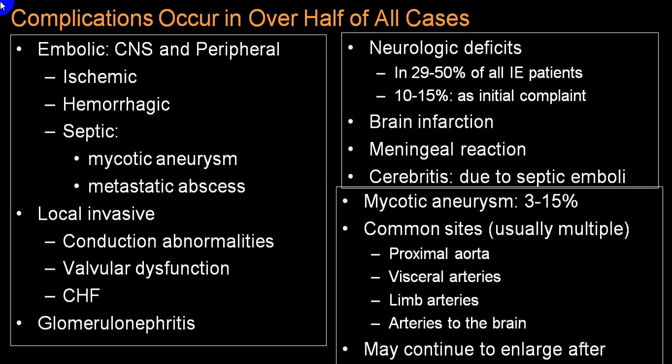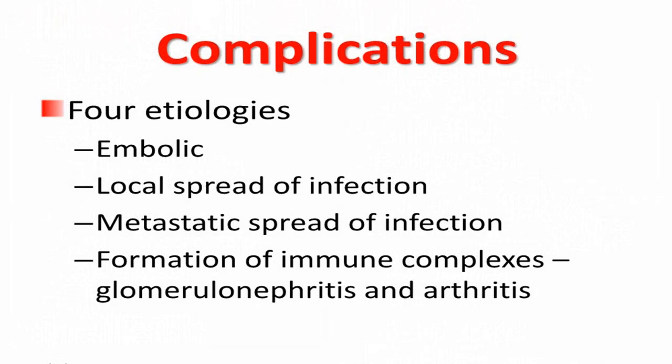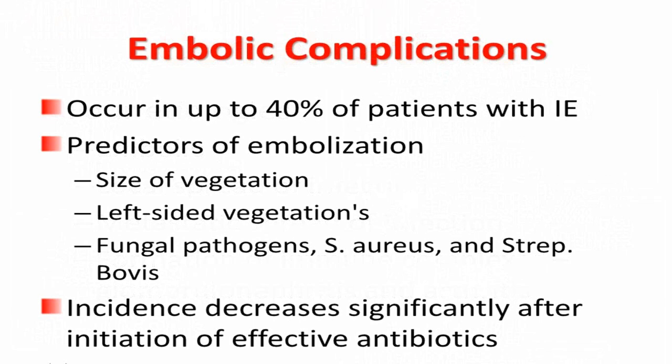So these are all the different neurological complications: mycotic aneurysm, embolic phenomena, local invasions, glomerulonephritis, etc. So we have already put this before also: embolic complications, local spread, metastatic, that is distant embolization, and immune complex disorders like glomerulonephritis.